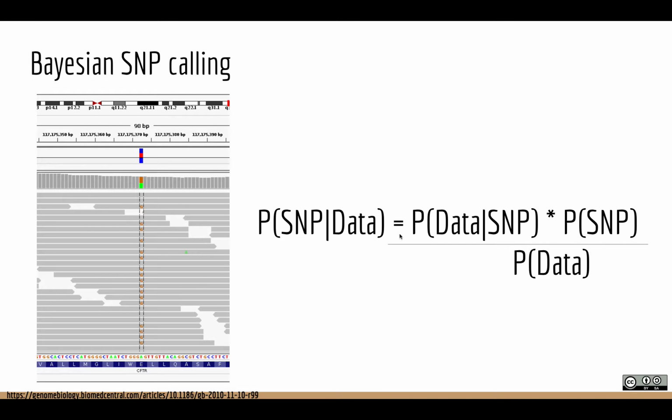So Bayes' rule is used to, we can conceive of this probability as being simplified down to what's the probability that there is a SNP given this data, but that data is complex, it's multidimensional. So the challenge is sort of modeling all the different things that could explain the probability of that data.